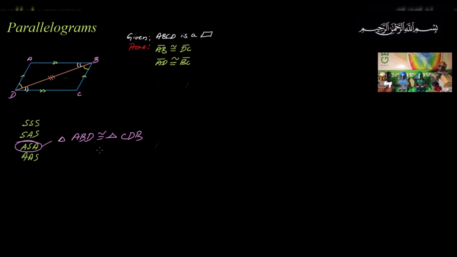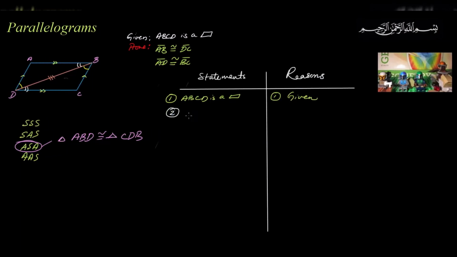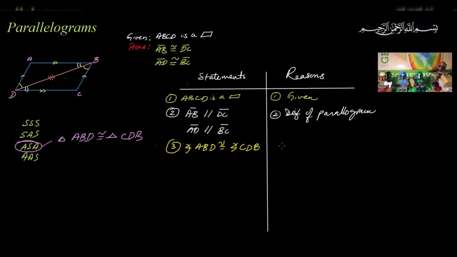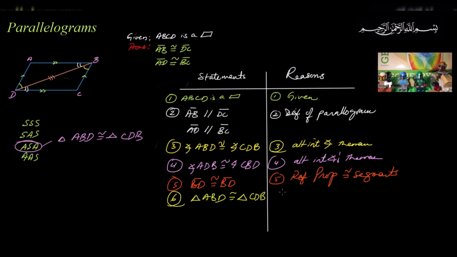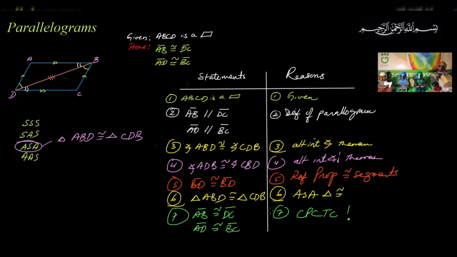And by CPCTC, we have those corresponding parts to be congruent, which was the goal of the proof. So there you have it, and that's the proof.